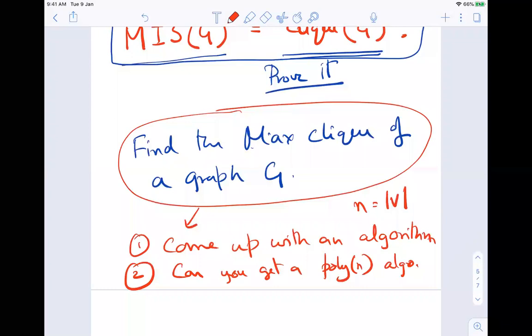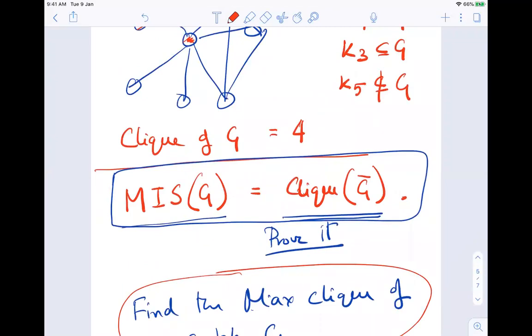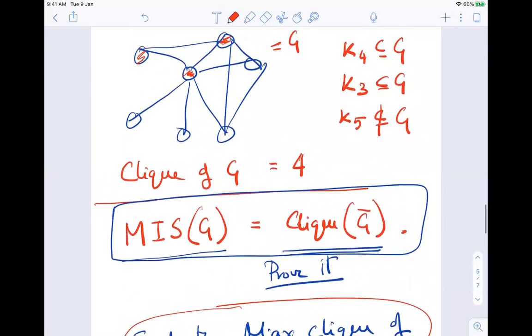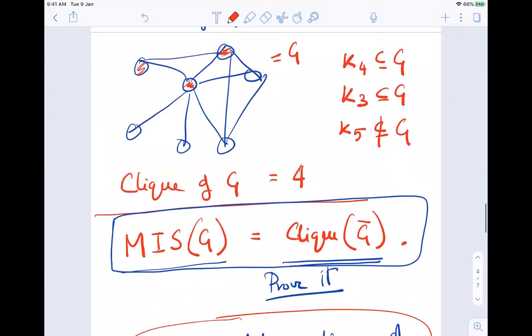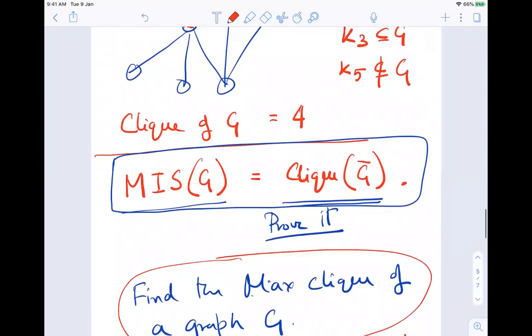Sir, maximum clique means the size of the maximum clique? So clique is actually not a number, clique is actually the subgraph. We say the graph has a clique of size 4. A clique is a complete graph which is a subgraph of the graph. But in the definition, is that the largest complete graph or just a complete graph?